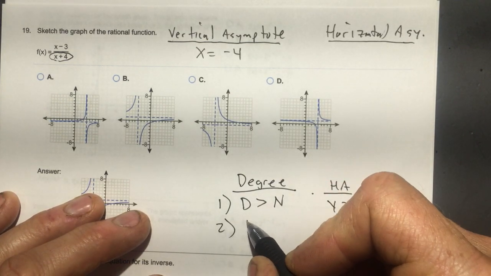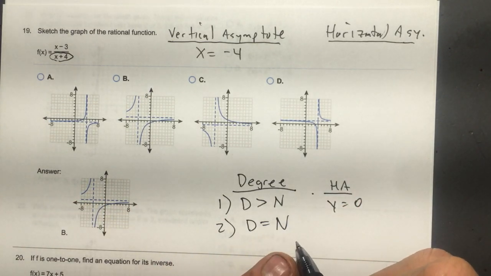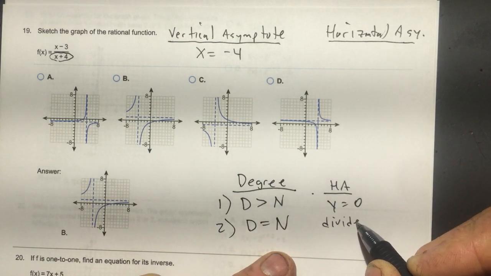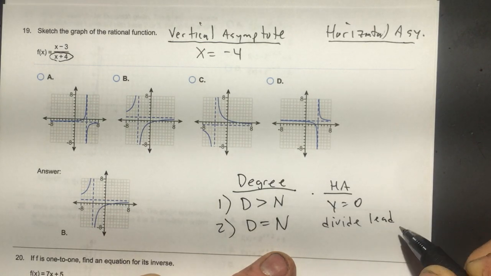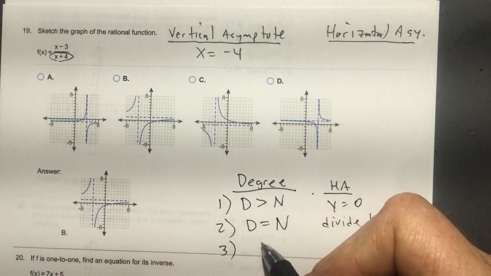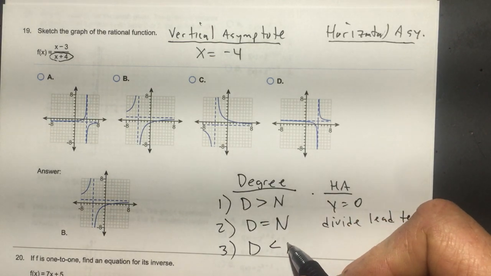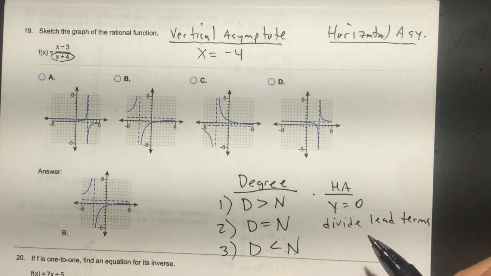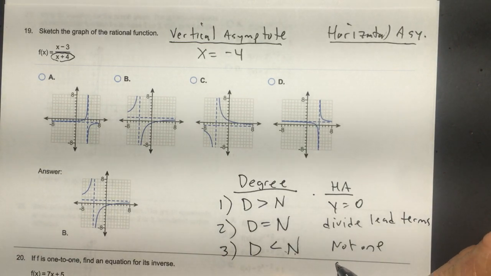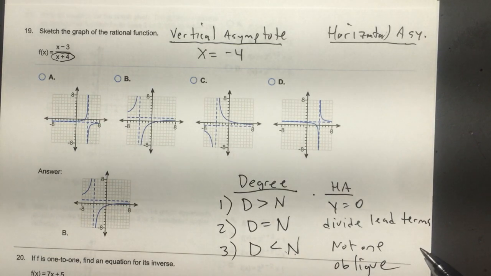Number 2, if they're the same, if the degree in the denominator is equal to the numerator, then you have to divide the lead terms. And number 3, if the degree in the denominator is less than the numerator, if the numerator is bigger, there's not one. That gives you oblique.